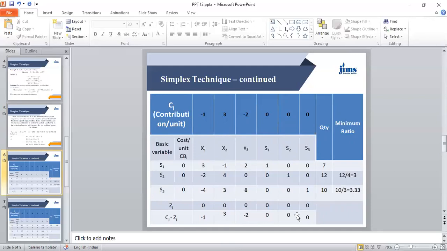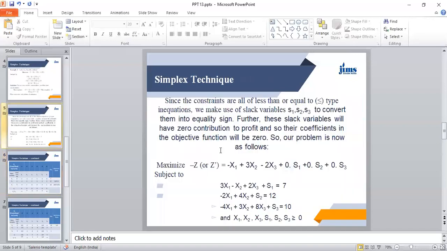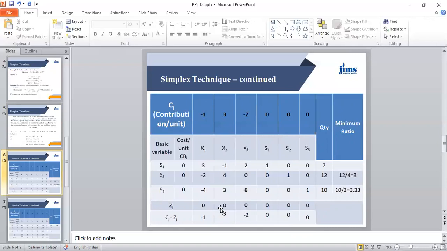For maximization, because now this is converted into a maximization problem, all the values should be either negative or 0. Then only the optimal condition holds. We find here that there is one positive quantity against the variable x2.